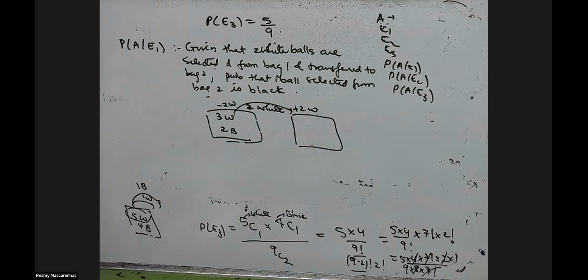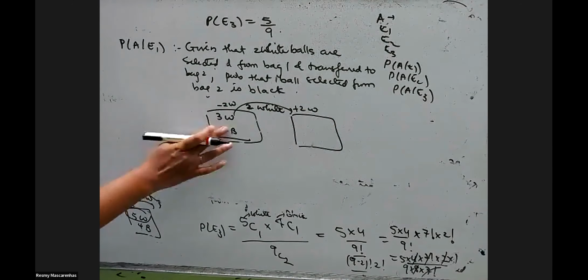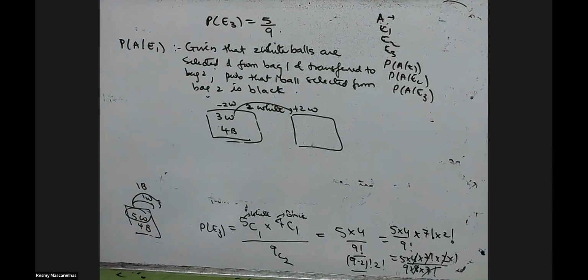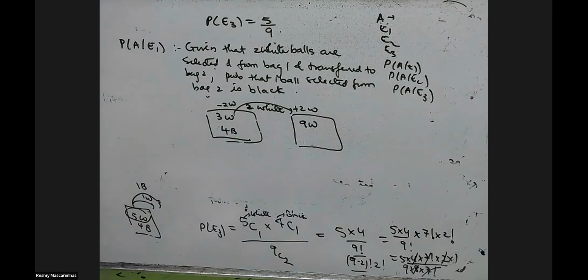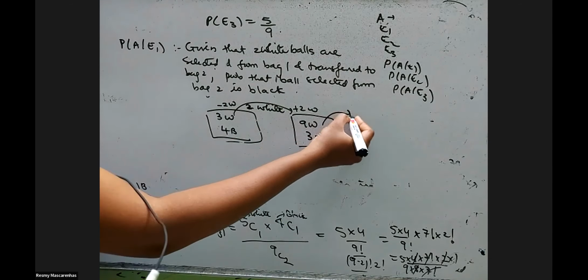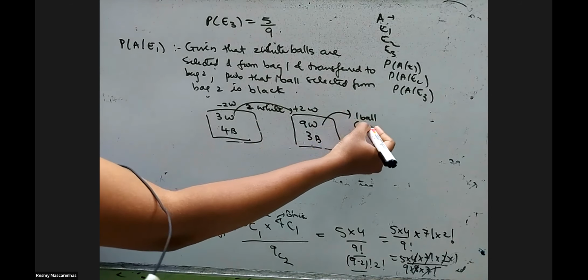That will become 7. So that will be 9. So it will become 9 because there were 7 of them before. And now one ball is removed. So that has to be black.